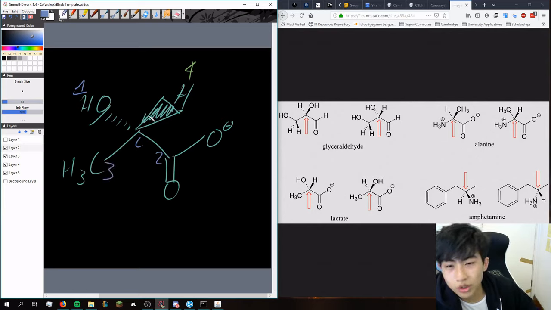Now, what we want to do is place this number 4 on the back side. It's a lot easier to visualize it as an actual molecule in front of you. We want to rotate it so that this lightest group, this hydrogen, will be behind us. If it's on top of this molecule, we want to turn it.